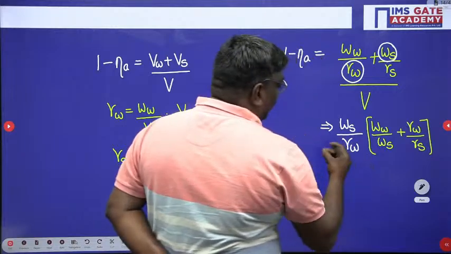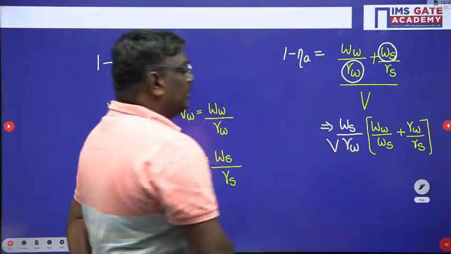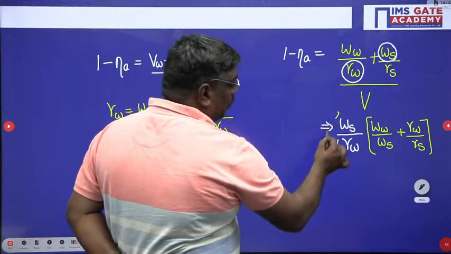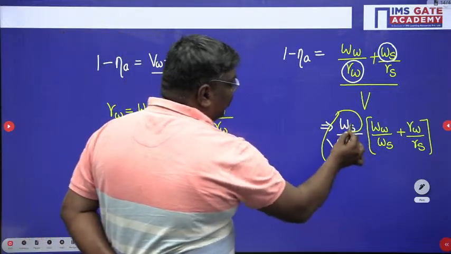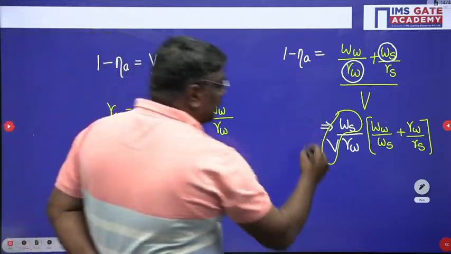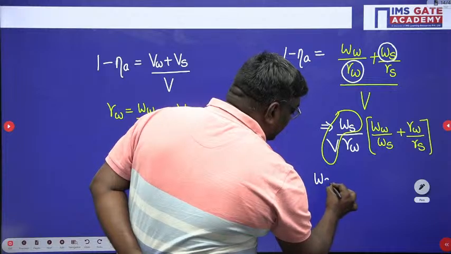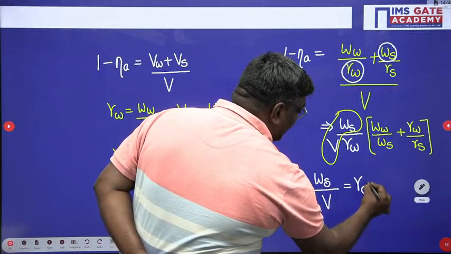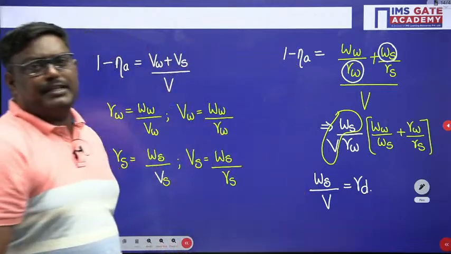Now, my dear students, what do you mean by weight of solids by total volume? It can be written as gamma D. Agree or not, my dear students?